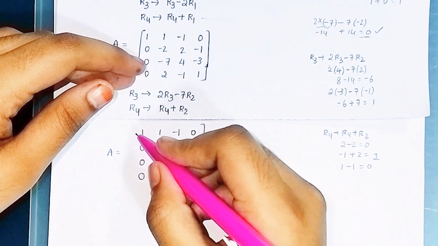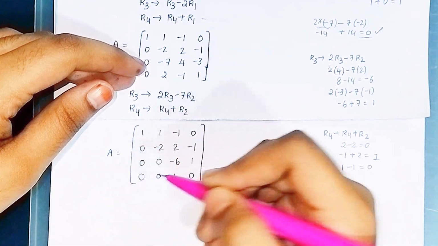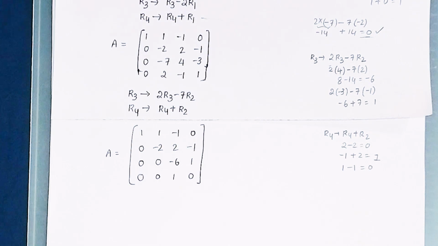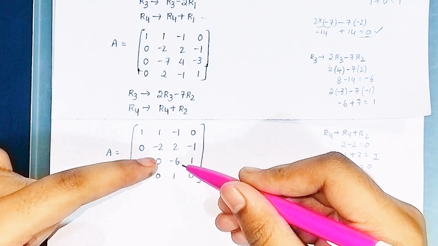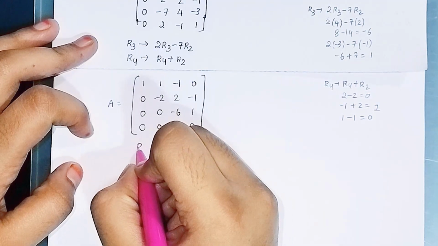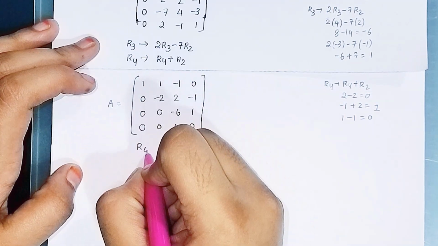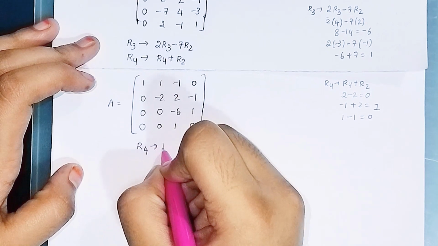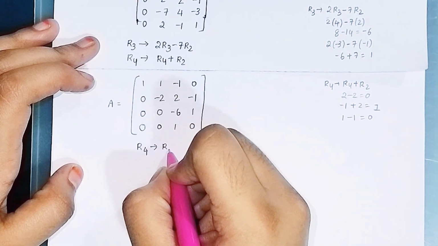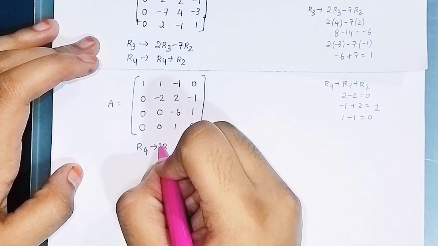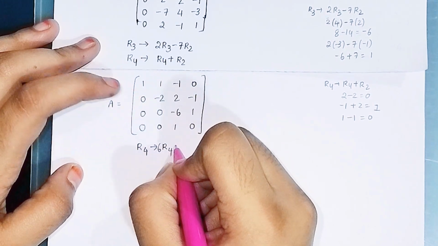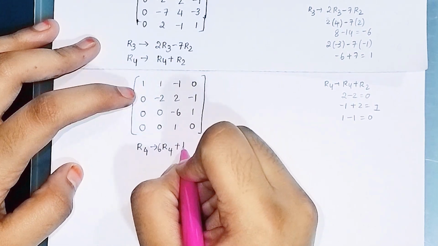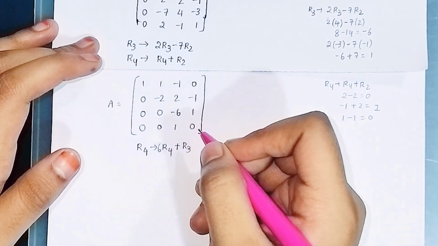So if you recollect the starting of the video where I have set the format, now the next step is using this number, we will be making the below digit as 0. And how does it happen? Since it has minus 6 above, so we need to just multiply it with 6. Simply multiplying fourth row with 6, we will be getting 6 in that place, and then simply just add it because we have minus already there. So plus R3.